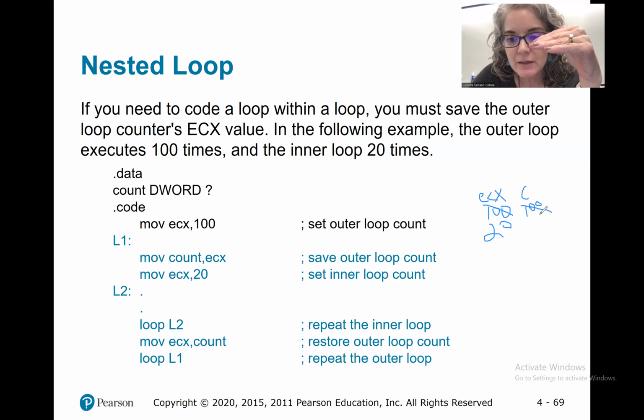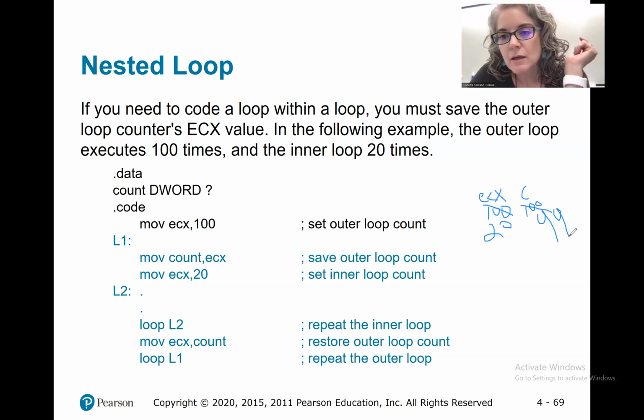So it becomes a 99. And then we say, okay, is 99 not equal to 0? That's true. So it goes back up here. And we're iterating loop 1. Sorry, count was moved to ECX, so this was 100.